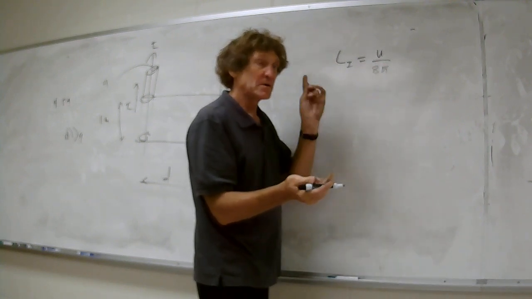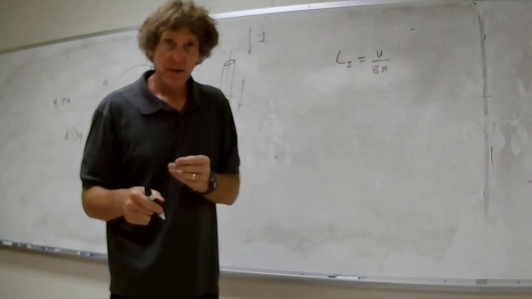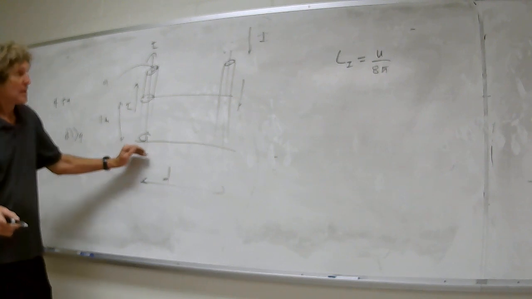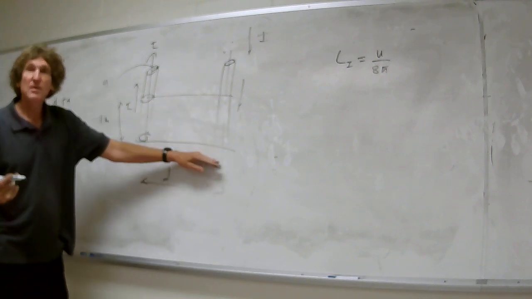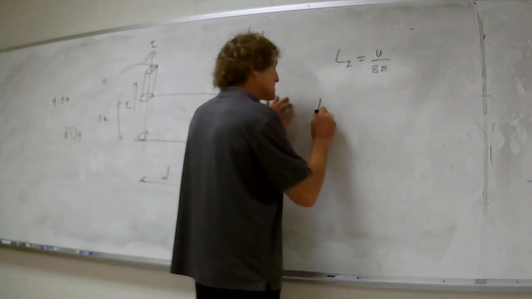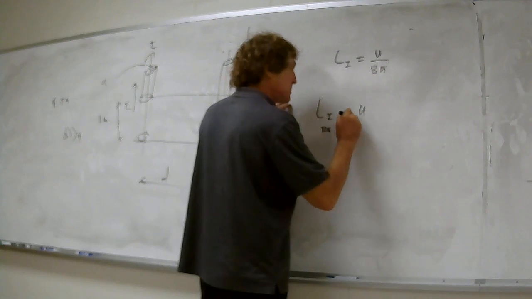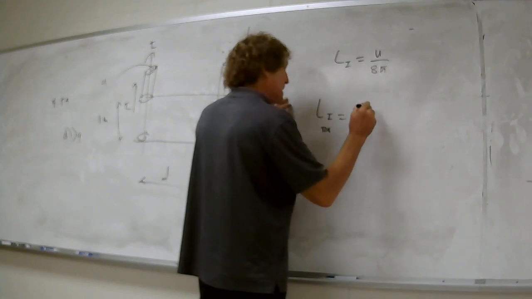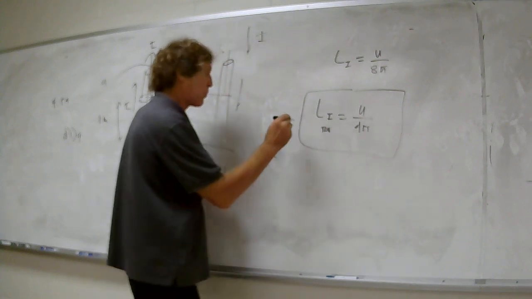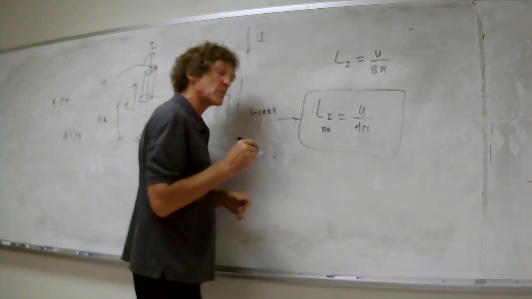We're taking 1 meter, so it's going to be that in one wire and that in the other. You all follow me? This is the internal inductance here per meter. So the internal inductance total is twice that, or just mu over 4 pi. This is just for the wires inside.